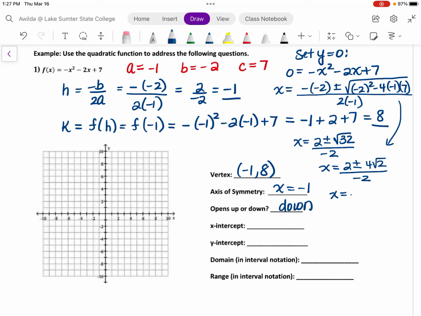And finally, I get -1 plus or minus 2 square root of 2. That means we have two x-intercepts, -1 plus 2 square root of 2 comma 0, and -1 minus 2 square root of 2 comma 0.